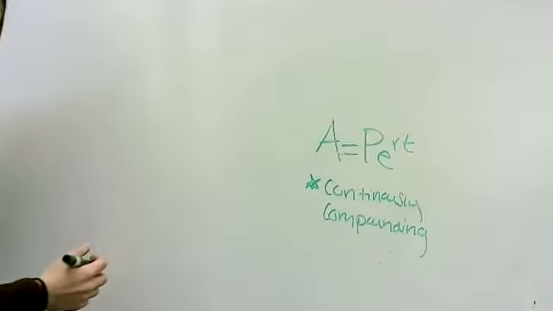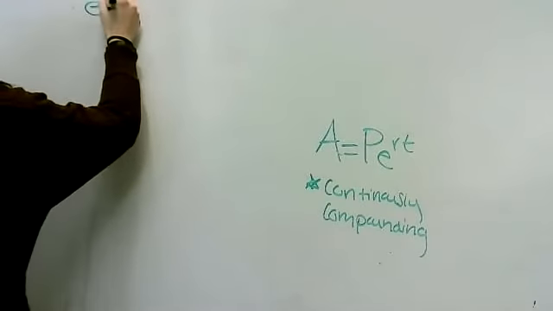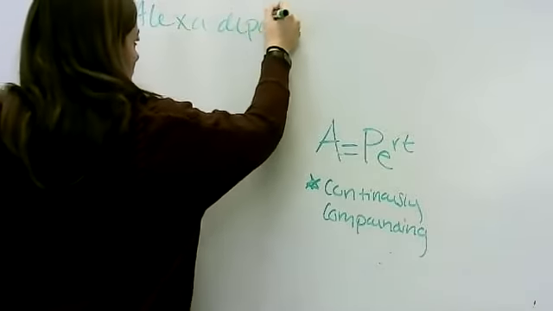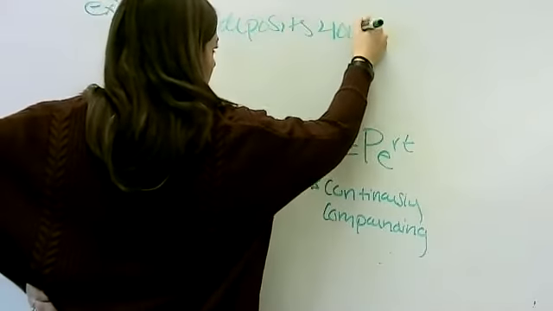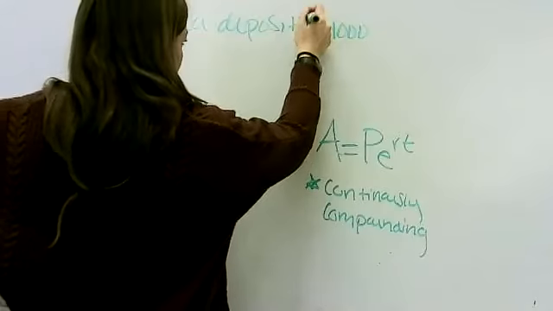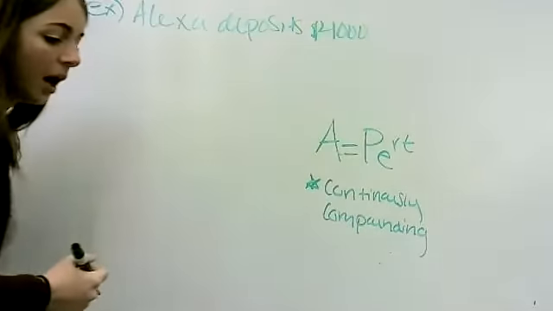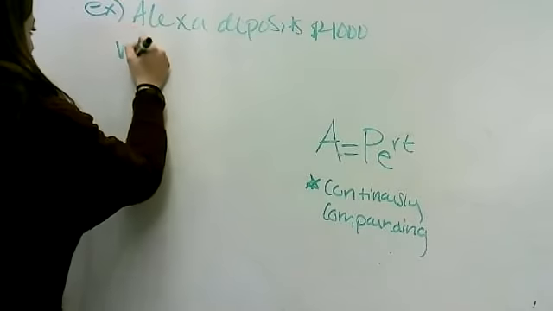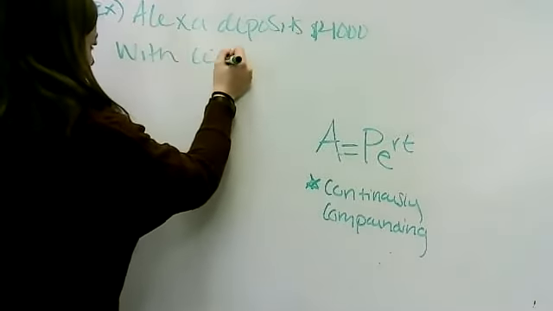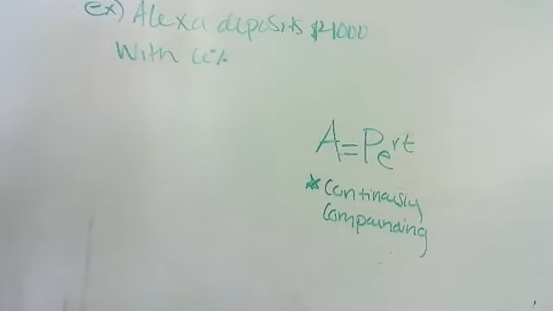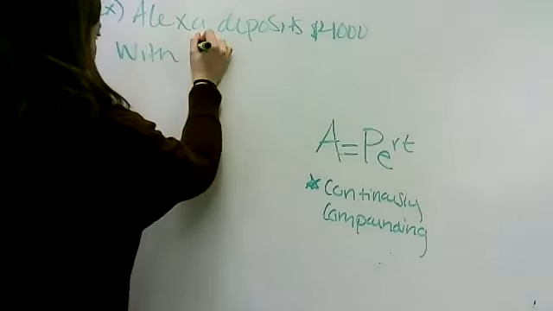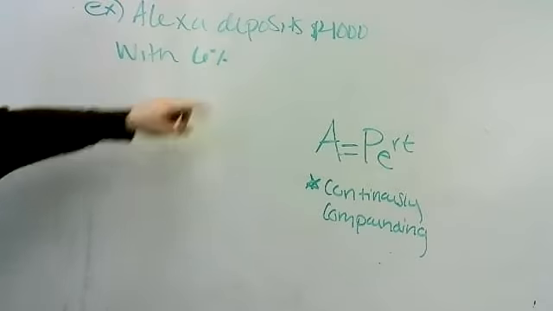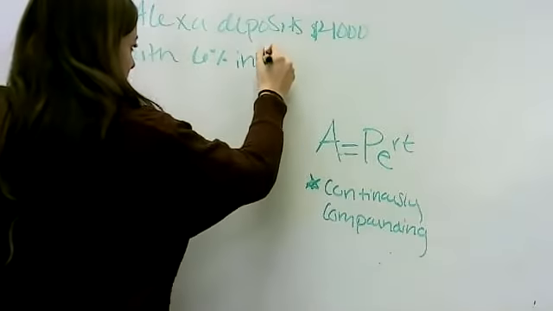Let's say Alexa deposits $4,000 with a 6% interest rate. That's not a very lifelike interest rate, but we're just going to use it for the heck of it.